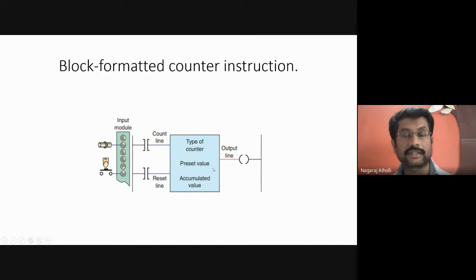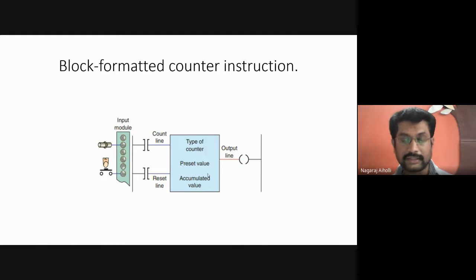There is the preset value, that is the set point value, and the accumulated value. As it counts, the accumulated value becomes equal to the set point value, and then when we press the reset, what will happen? It will become 0. Only once the reset is pressed will the counter value become 0.